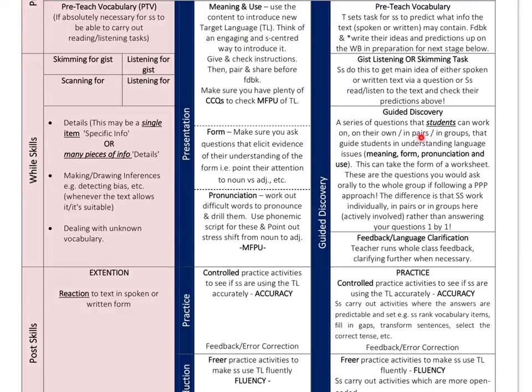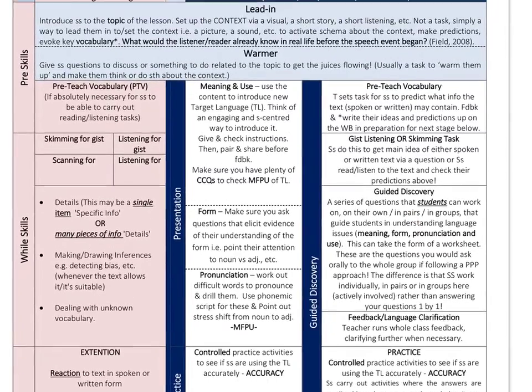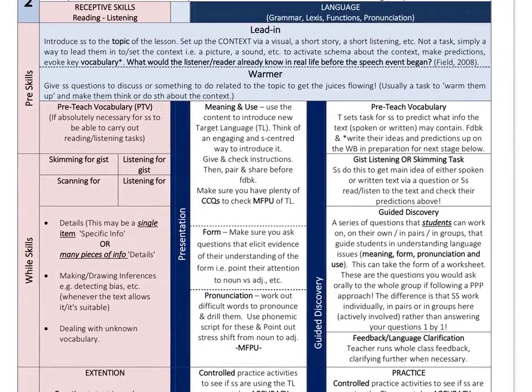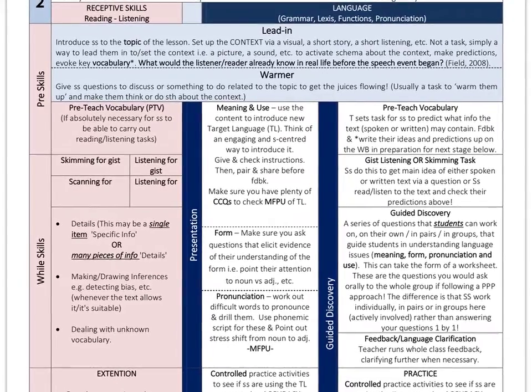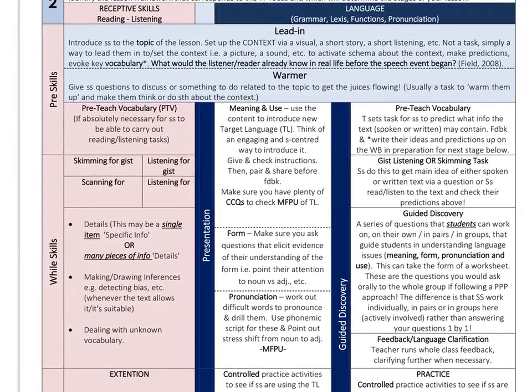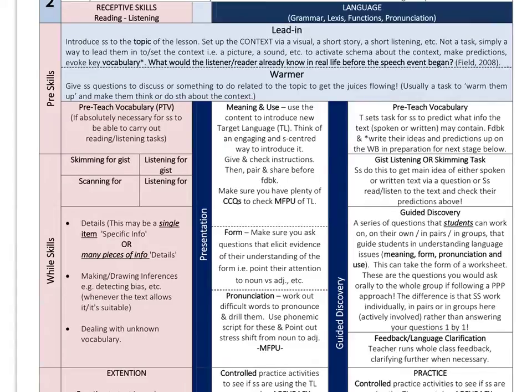Now, let's look at the stages for the PPP, presentation, practice, production lesson framework. Remember, we're talking about language, so this would be a lesson where the focus of the lesson is either just grammar. For example, you are teaching the present simple, or vocabulary.